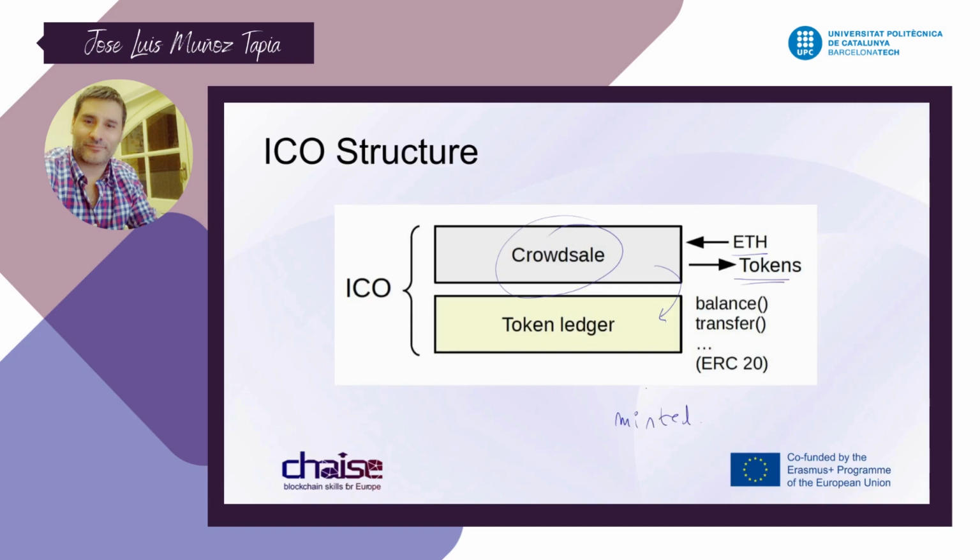They are minted in another smart contract that we are going to call the token ledger, because the token ledger contract is the contract that has all the accounting. There you can see each address and how many tokens it has, the balance. You can also use this smart contract to transfer your tokens to another account, and so on.